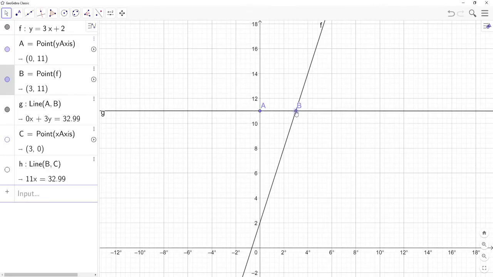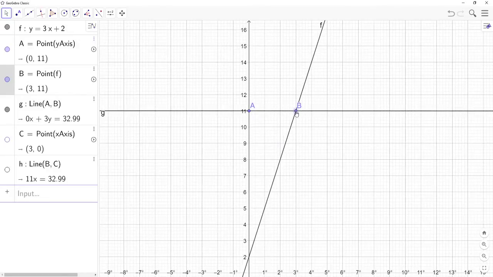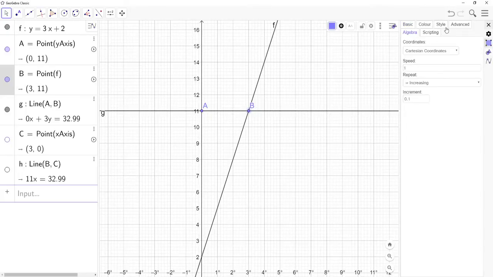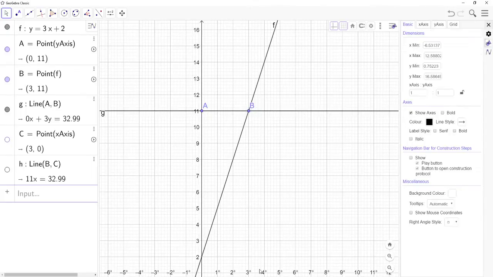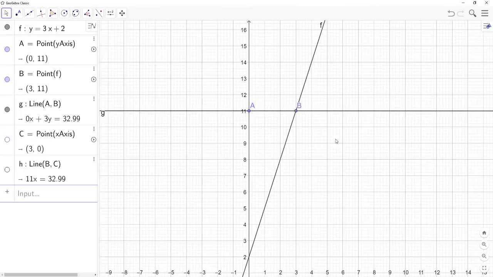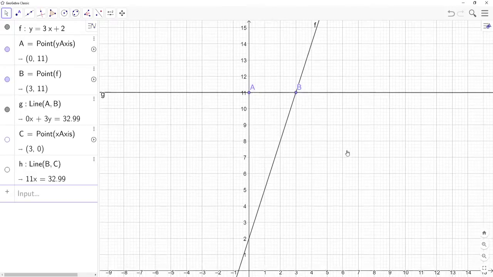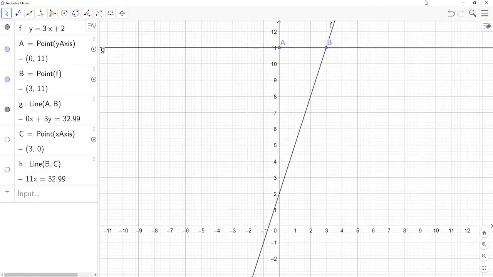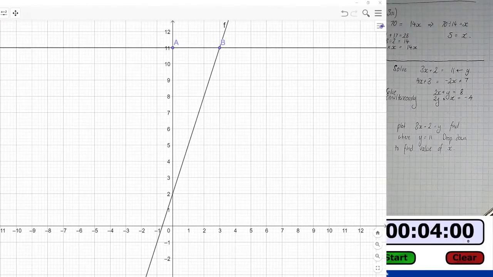Effectively, we get the point where the two lines cross over, and we are looking for that point in order to find the value of x that we are looking for.